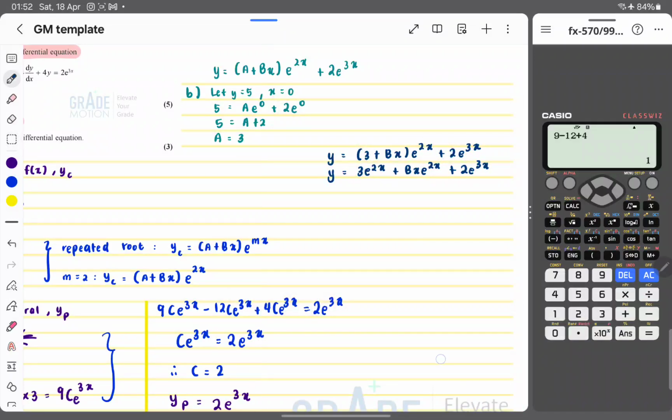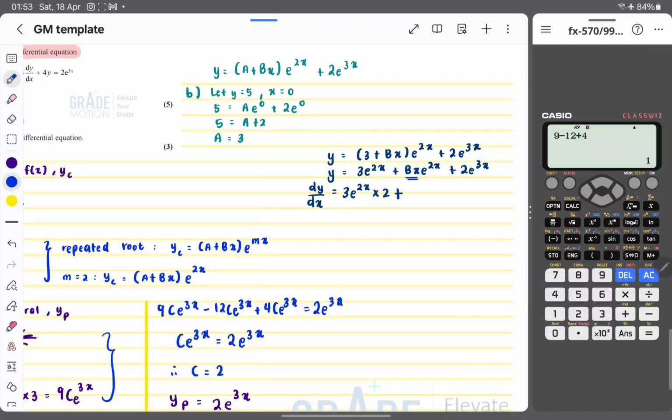Now, differentiate dy/dx. If you differentiate this, you get 3e^2x multiplied by 2. Why? Because we have to differentiate 2x. Chain rule. Plus, here notice that you have one x here, another x here. So we have to use product rule. How do we use product rule?